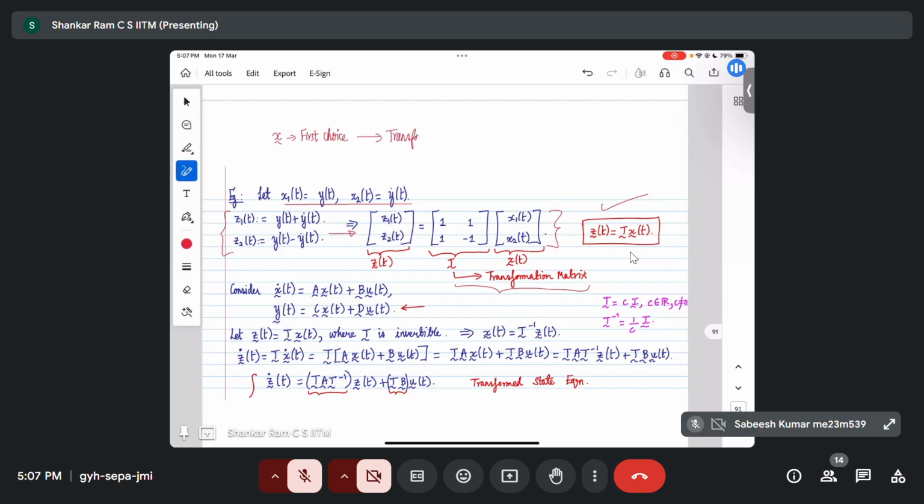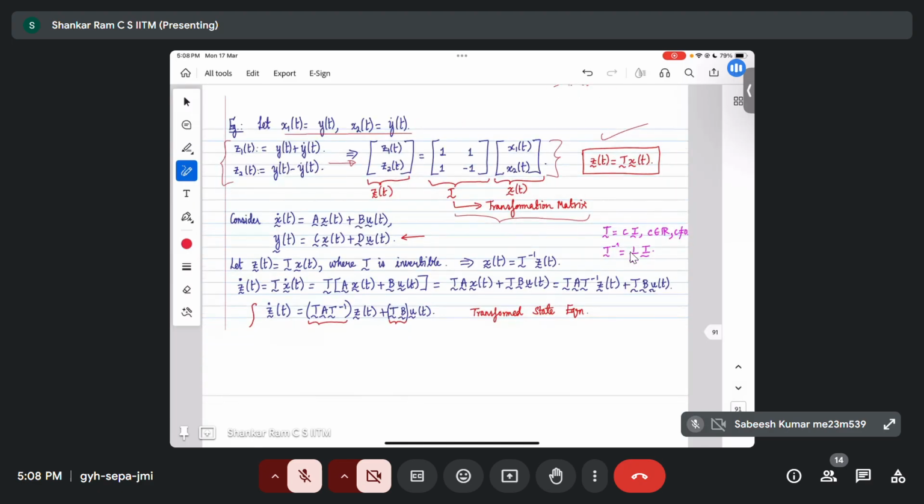Through this transformation, in general, if we have z to be some T times x of t, we need this transformation matrix to be invertible, that is, non-singular. Then what we can do is, if we consider the standard linear time invariant system, we can do both the MIMO system and the SISO system.